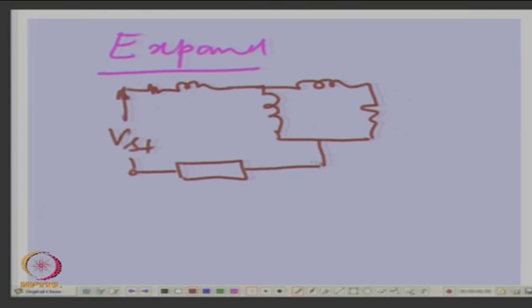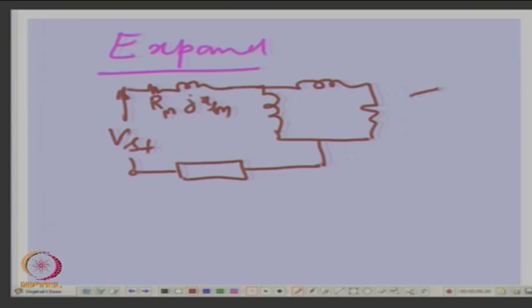Now, this will be, let us say, RM plus jXLM, that is the resistance and leakage reactance of the main winding. Now, what will be these parameters?